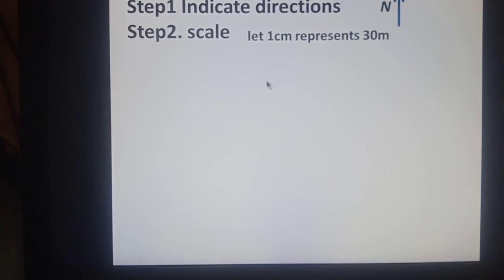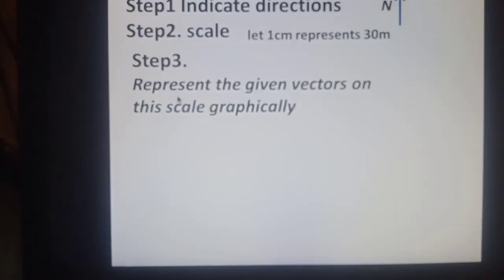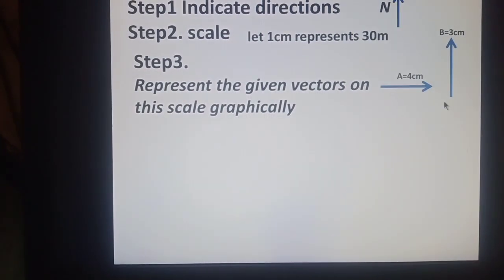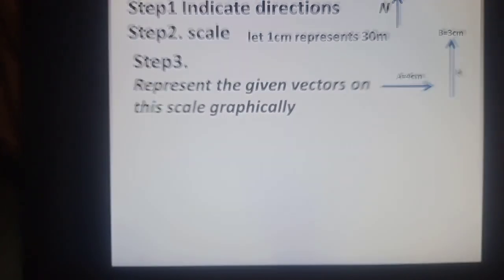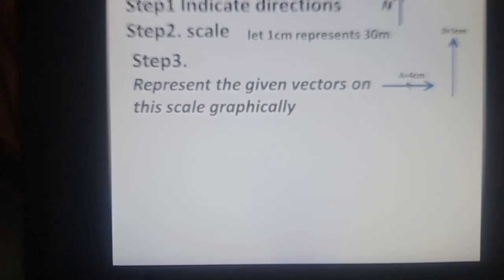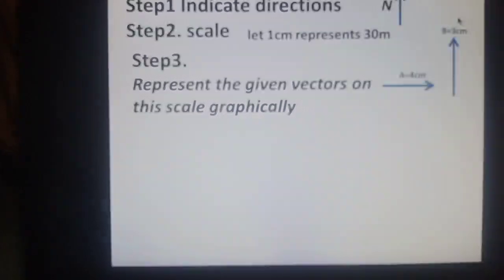Now, according to this scale, what will we do? Step 3. We will represent the given vectors on this scale graphically like this. These lines, keep in mind, are not according to scale. These are just for making the concept clear. Say the first was the displacement of 4 centimeter towards east. Here is the direction of east.